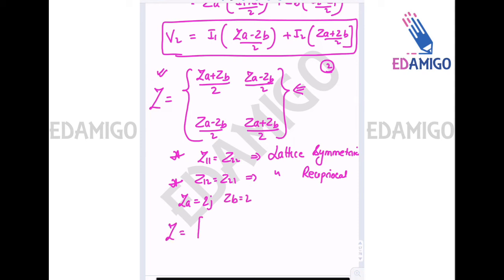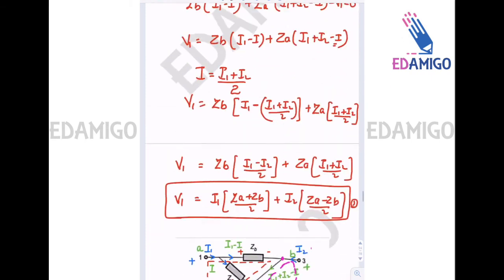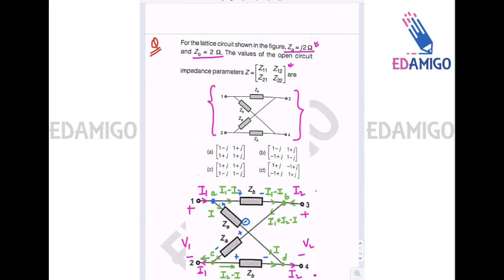So the Z matrix will be equal to ZA plus ZB divided by 2, that is 1 plus J, ZA minus ZB, okay, so J minus 1, again J minus 1, and last one is 1 plus J. So this is the result, and we can easily compare and we can get that D is the correct answer. Okay, 1 plus J and J minus 1. So let me check, 1 plus J and J minus 1. So D is the correct answer to the question.